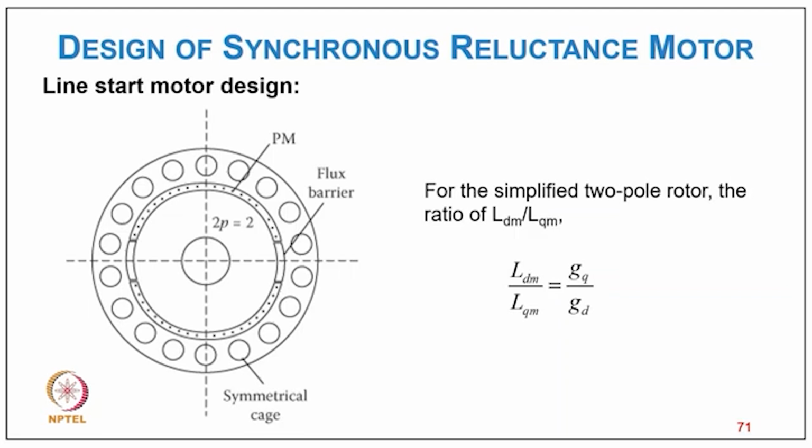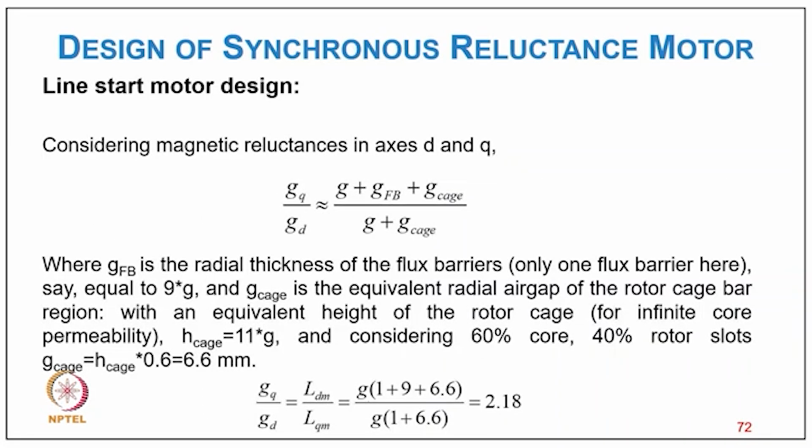For the simplification of a two pole rotor, the ratio of LDM to LQM is equal to GQ upon GD with the approximation. So considering the magnetic reluctance in the axes of D and Q, GQ upon GD is approximately equal to G plus GFB plus G cage divided by G plus G cage, where GFB is the radial thickness of the flux barrier, only one flux barrier here, and say equal to 9 into G. G plus G cage is the equivalent radial air gap in the rotor cage bar region, the equivalent height of the rotor cage for infinite core permeability, that is H cage equal to 11 into G, and considering the 60% core and 40% of slot, G is equal to H cage equal to 0.6, that is 6.6 millimeter.